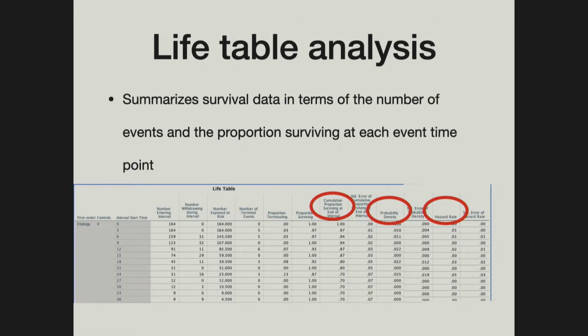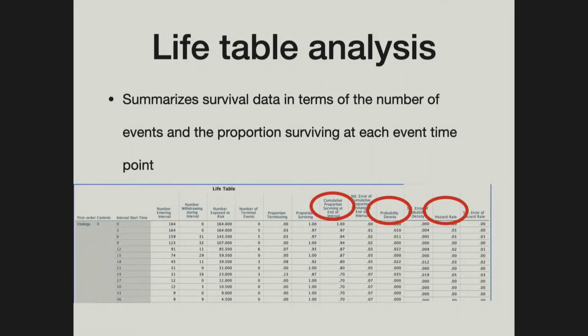One is probability density, that is, at that point of 3 months, how many events have occurred. The other is the cumulative proportion surviving at that interval, meaning those who have not developed the outcome. The probability density is divided by the cumulative proportion surviving to calculate the hazard.